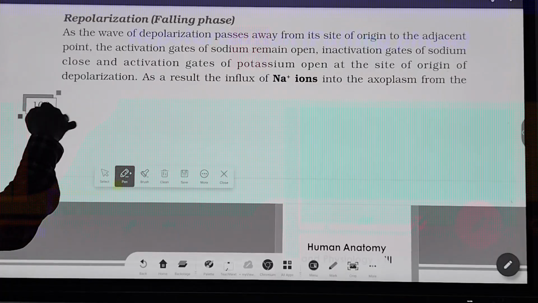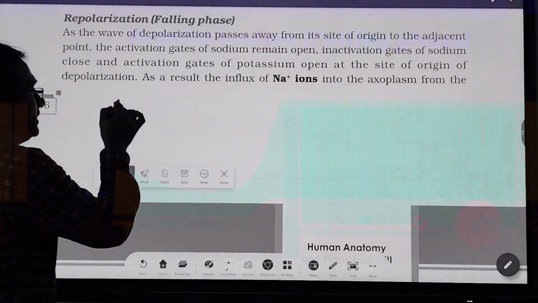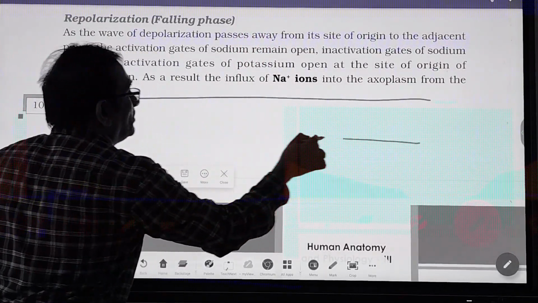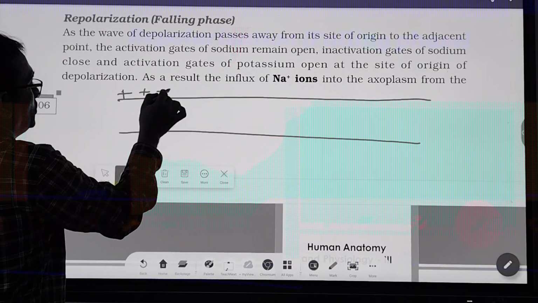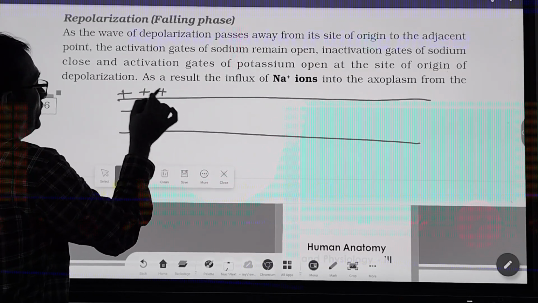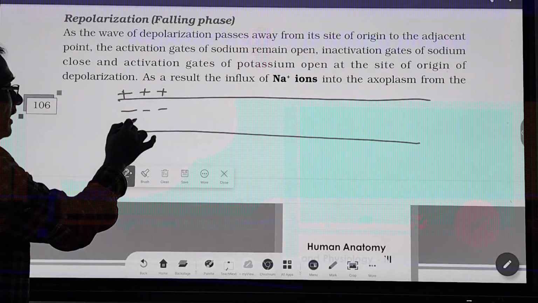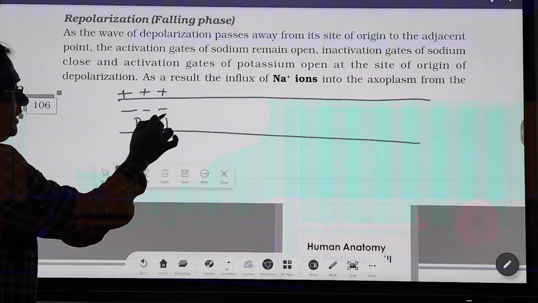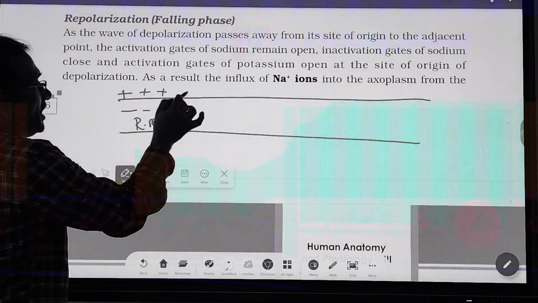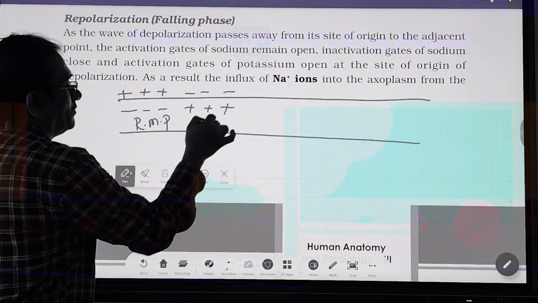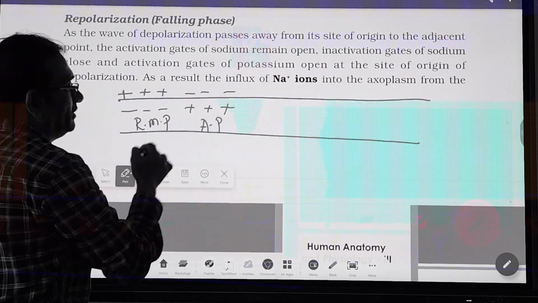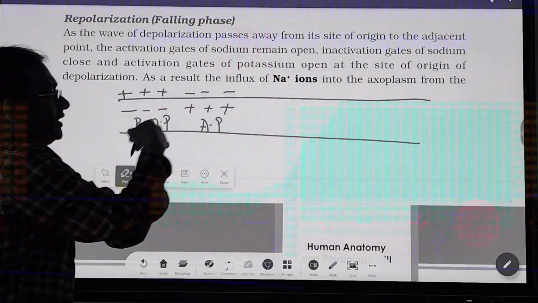Repolarization. Repolarization means, suppose this is the length of the nerve fiber. First, positive, positive, positive, negative, negative, negative. This is called resting membrane potential. It is converted into action potential.